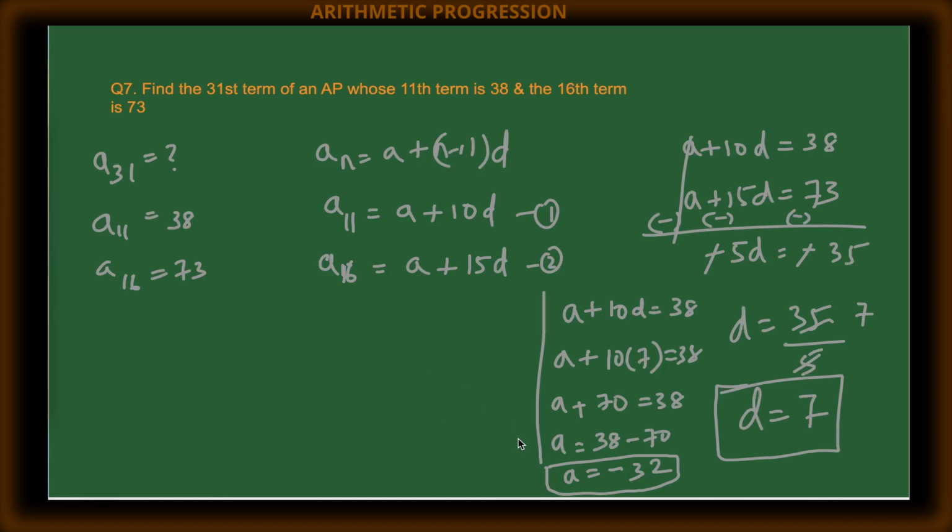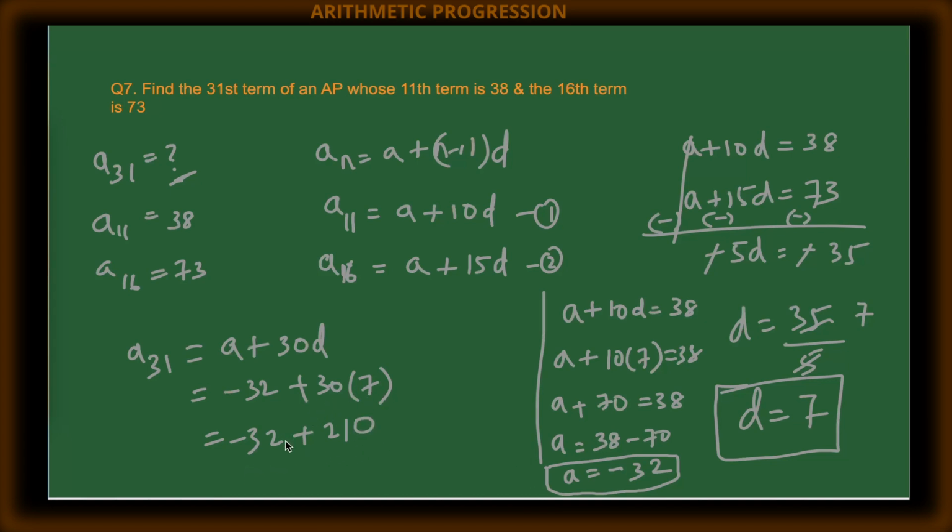So we have A and D. Now what the question asks, this is what we need to solve. A of 31 is equal to A plus 30D. A is equal to minus 32 plus 30 into D, which is 7. So 3 sevens, how do we calculate? 3 into 7 is 21, and 0, so 210.